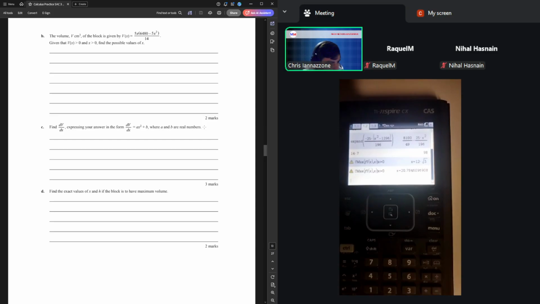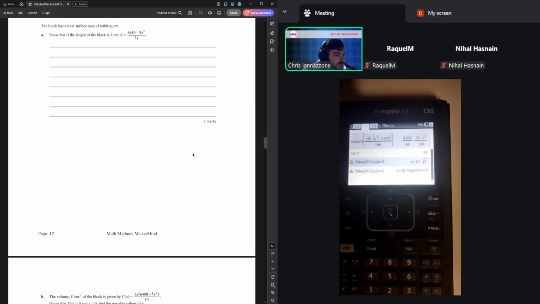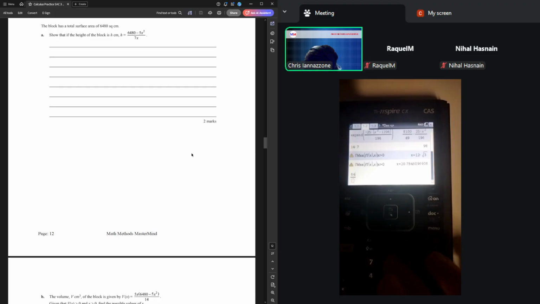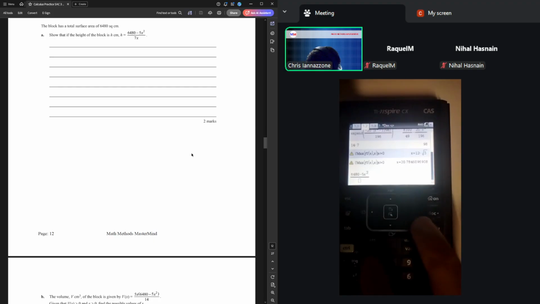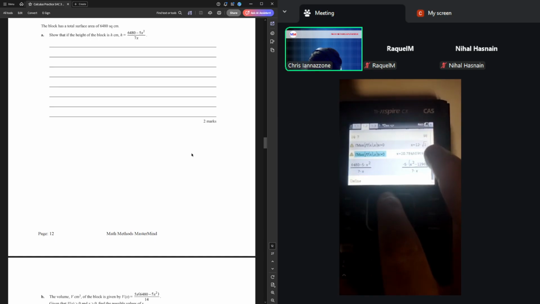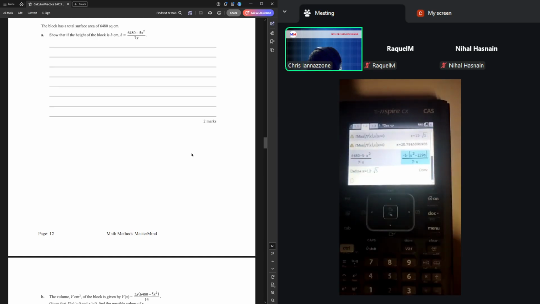So that's going to get us the x coordinate, which is step 1 of what we need. Step 2, for the h bit, you already mentioned it before: we have the h equation, so all we're going to do is put it into our h equation. If h is that big fraction, h equals 6480 minus 5x squared on 7x, and if we fill that in, we'll now get our h.